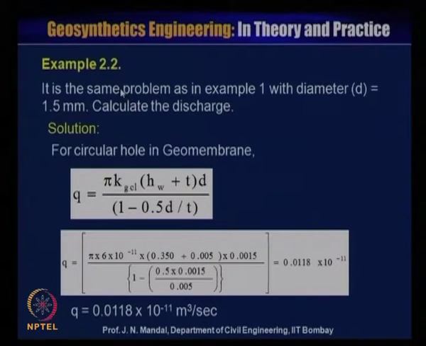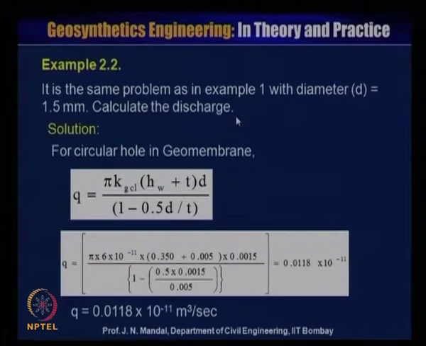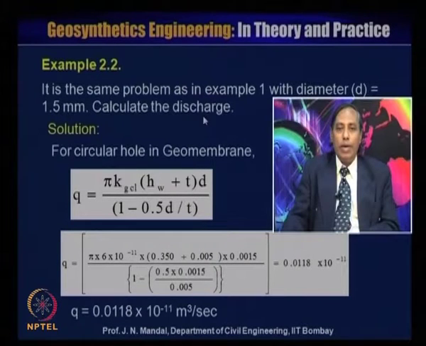Now in example 2, in the same problem as in example 1 we discussed, the diameter D is 1.5 millimeter, then you calculate the discharge. So it is a circular hole in the geomembrane, so the equation is changing. In the same formula, everything is the same, only the D value will change.